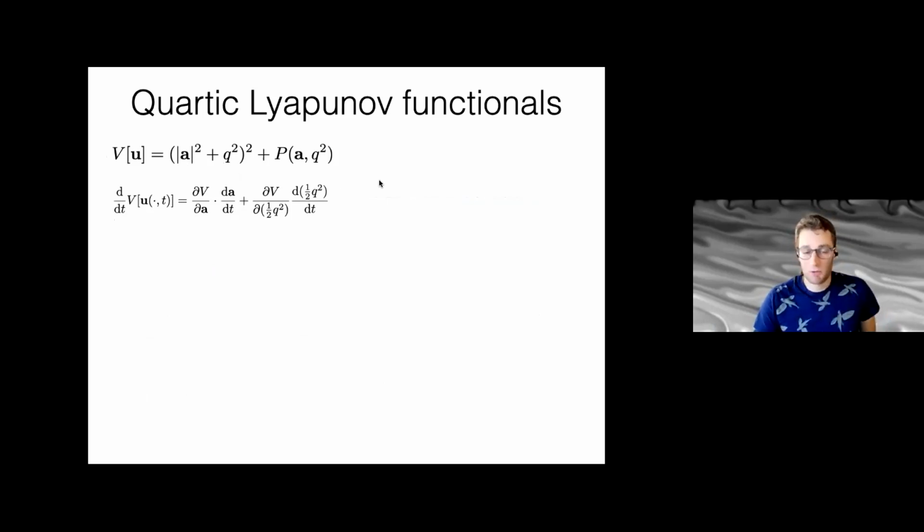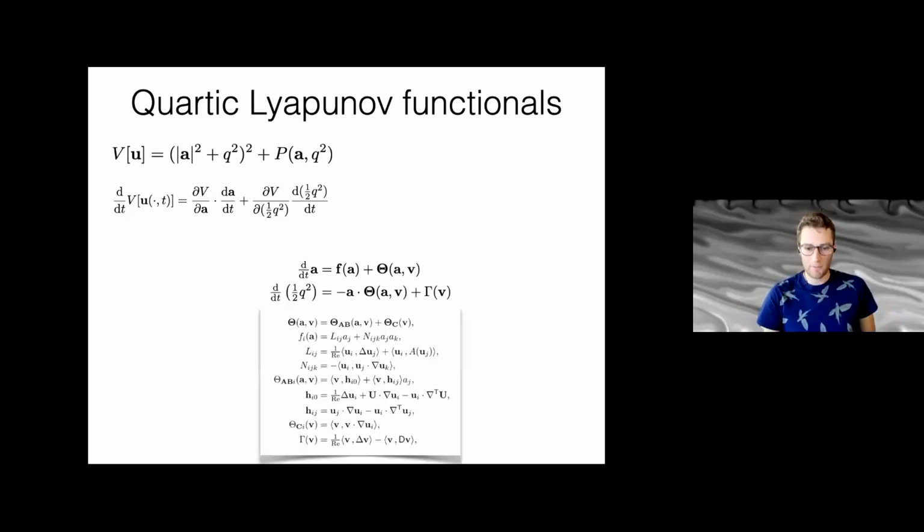Now I can get explicit expressions for the time derivatives of A and q squared, right? The A's, these are projections onto modes. So if I just integrate the entire Navier-Stokes equations against a certain mode and project onto that mode, I do get explicit expressions. They're just complicated, but this can be done.